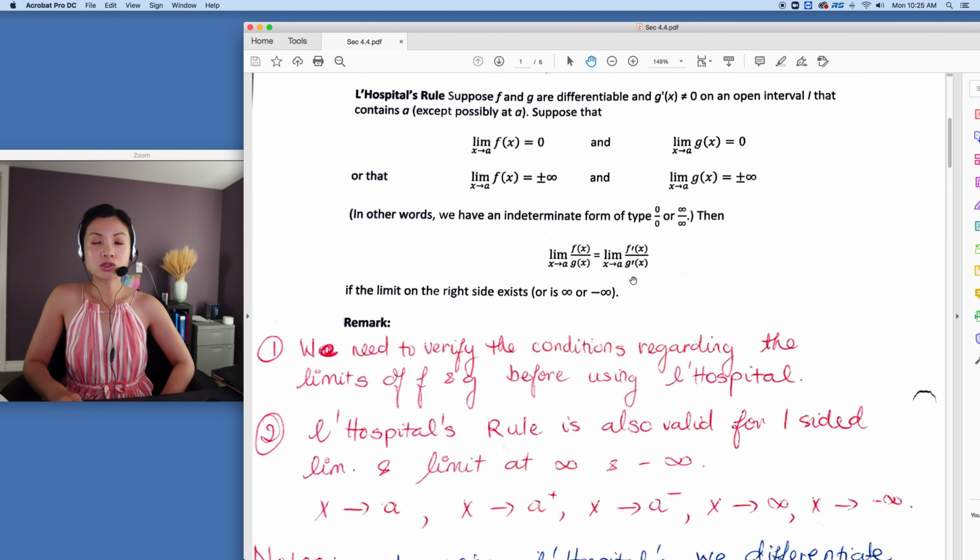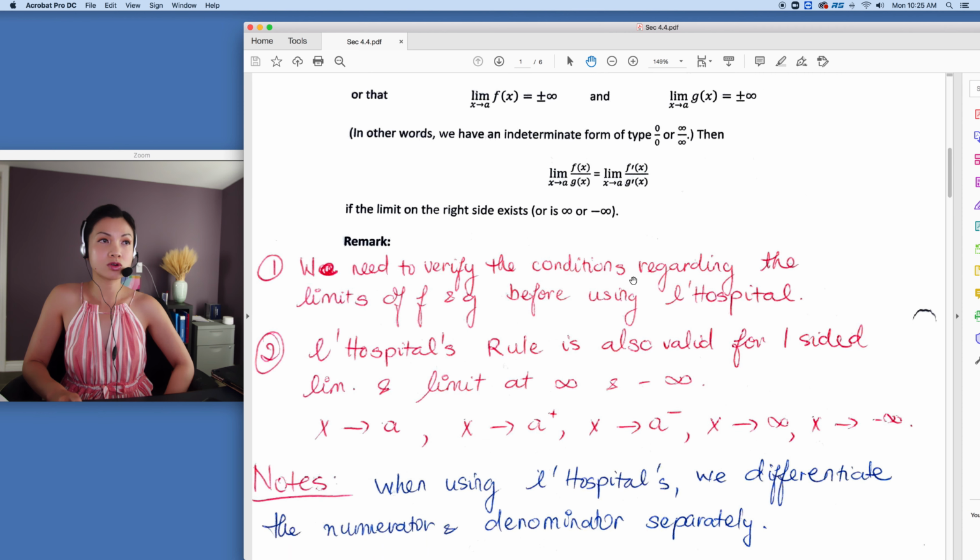All right, before we get into some examples, I want to make sure you are aware of this. You need to verify the condition regarding the limits of f and g before you apply L'Hopital, before you take the derivative. L'Hopital's rule is also valid for one-sided limits and limits at infinity and negative infinity.